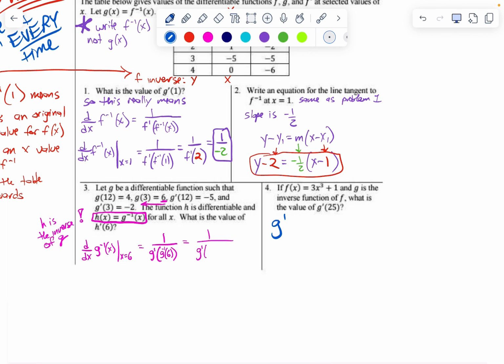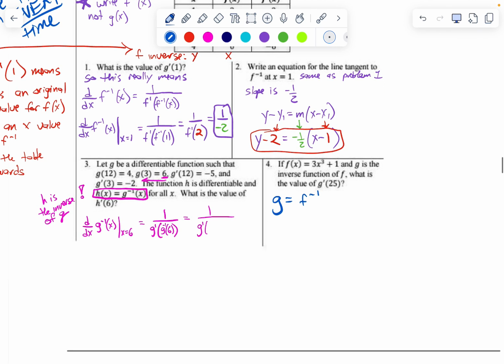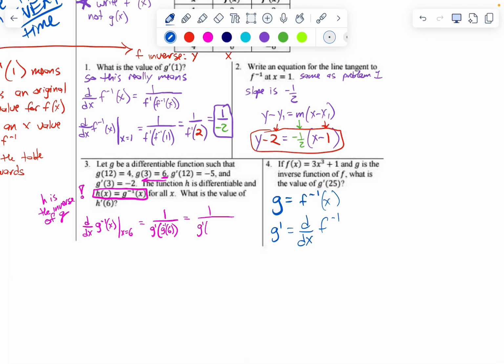I would start by writing g equals f inverse, some version of that. Is that an official part of your answer? No. It's just helping you keep track of what to plug in and where. So that means g prime is d/dx of f inverse, which is 1 over f prime of f inverse of x.